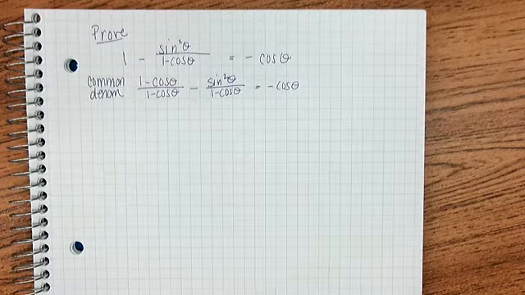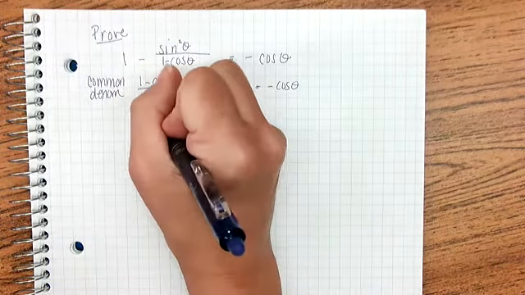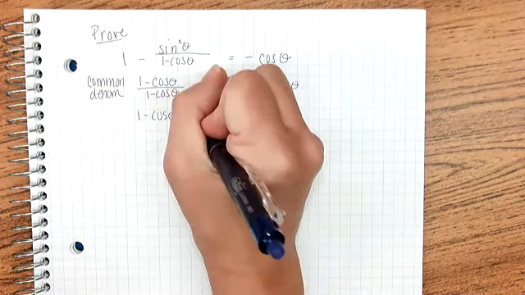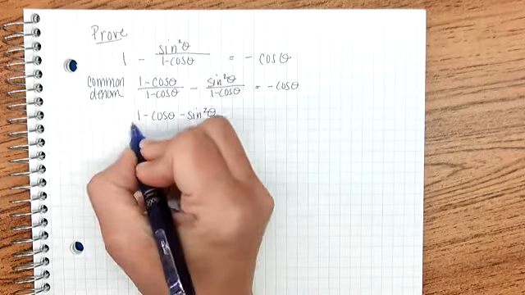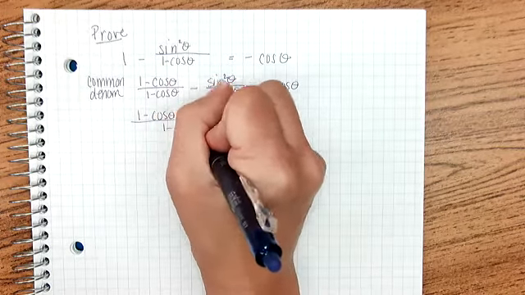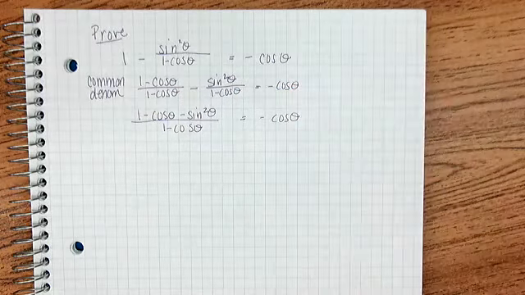Okay, and combine the two fractions. This becomes 1 minus cosine minus sine squared all over 1 minus cosine. Notice I have not touched the right-hand side.